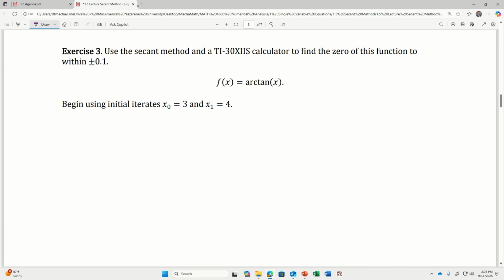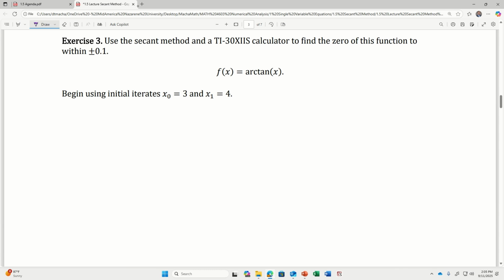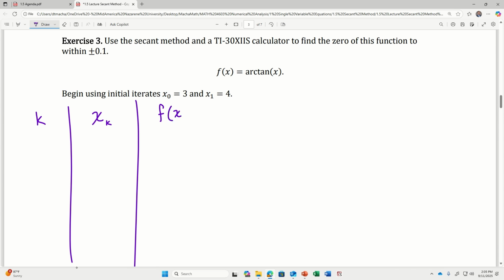Let's do this again. I'm going to make the same kind of table with my iteration number, my iterate, the function evaluated at that iterate, and then this idea of an average slope.